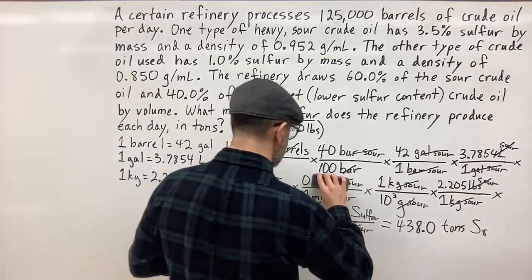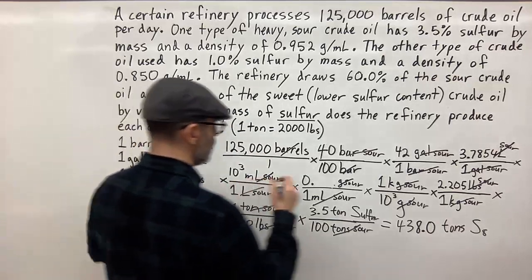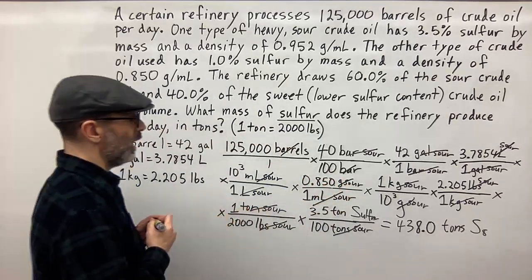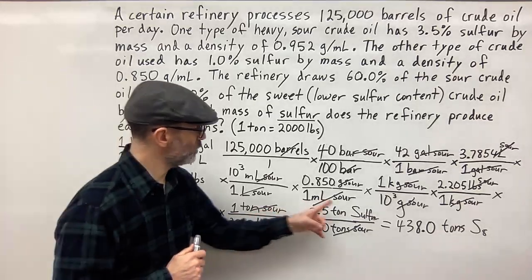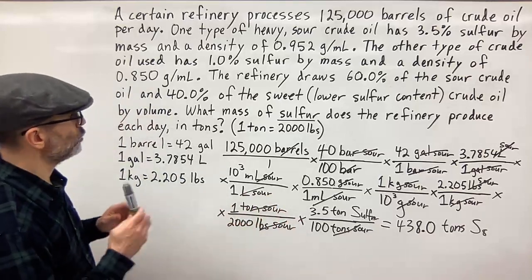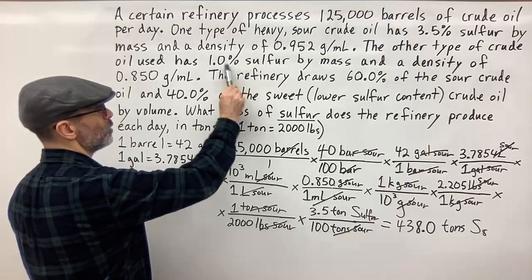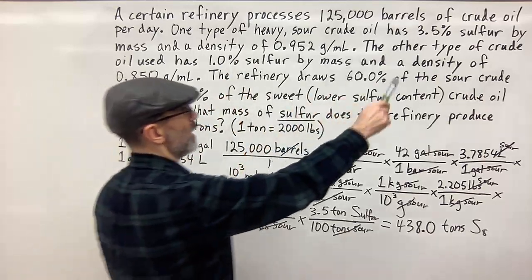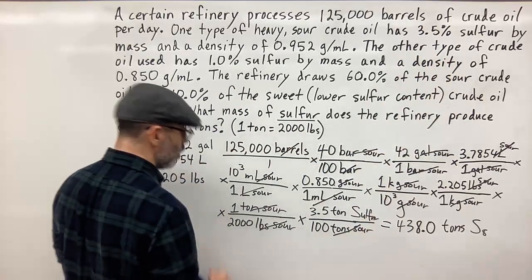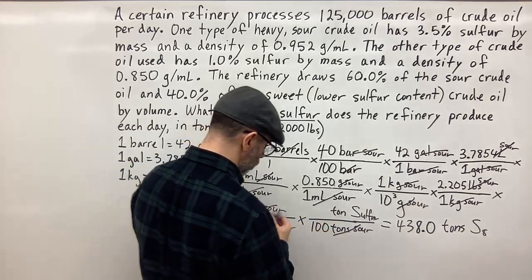So let's go ahead and change that to 850. And then finally, the percent sulfur in the sweet crude oil. We're told that is 1.0% sulfur by mass, whereas the sour crude was 3.5. So here we have 3.5 out of 100, and we're going to have to change that to 1.0.